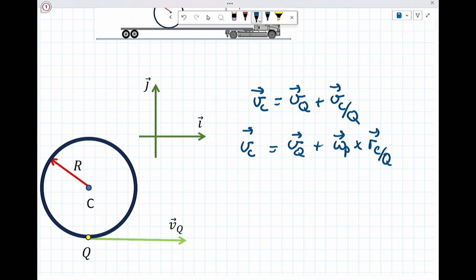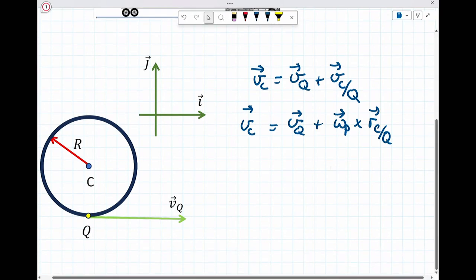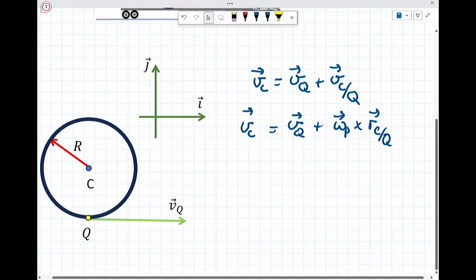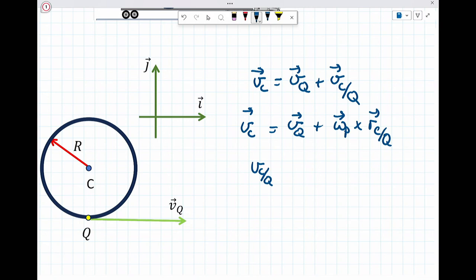I also know what's happening there. Now, velocity of C with respect to Q is in the I direction. It's moving to the right. It's not bouncing up and down. So I know that direction.